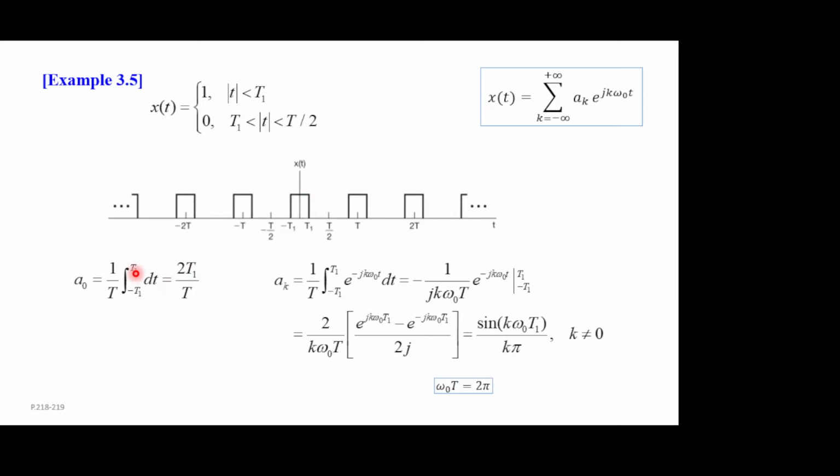And what about ak? And ak we also put into the formula. So it's 1 over T, and the integration, once again because your x function only has value from minus t1 to t1, your limits are from minus t1 to t1, and the height is 1, so the function value is 1, then we ignore it, and then you need to multiply with your e to the minus jk omega naught t.